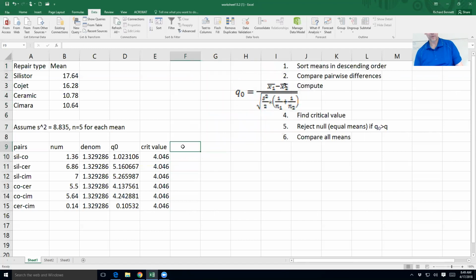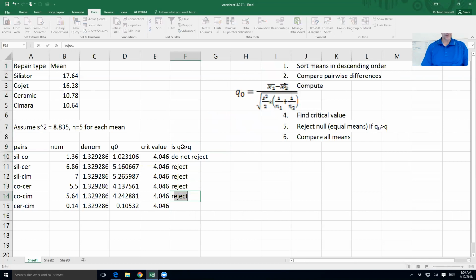Is Q naught greater than Q? So this one is do not reject. Reject. This one's also reject. This one is also reject. And this one is do not reject.